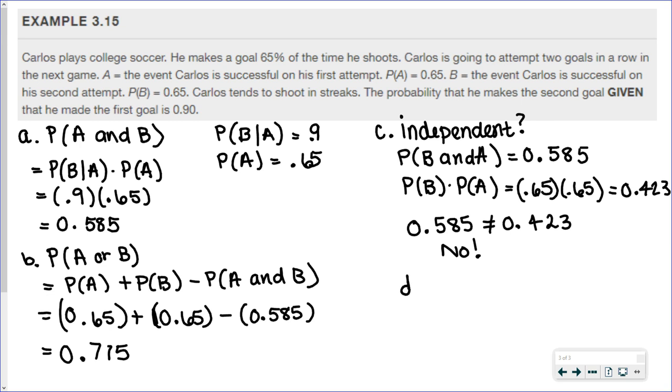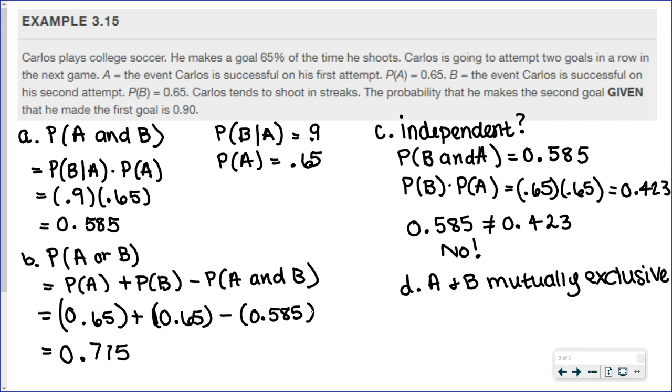Letter D. Letter D asks us if A and B are mutually exclusive. Meaning, do they share a certain area? So we're going to check if A and B are mutually exclusive.